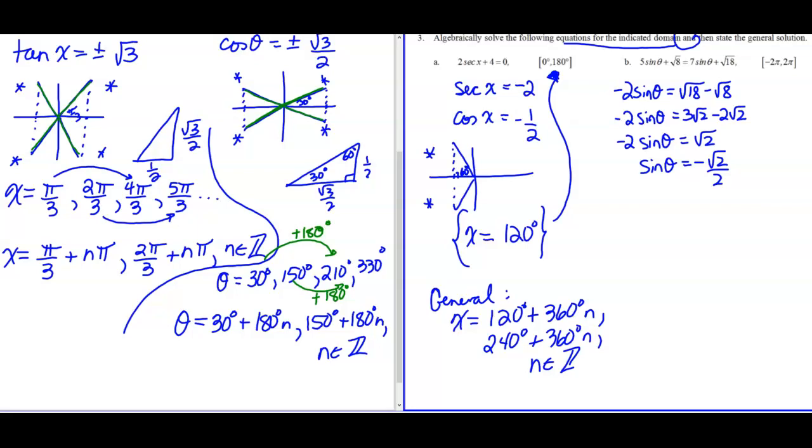And then doing it in radians, and two rotations' worth of angles now. Negative rotation and the positive rotation. So where is sine negative? 3 and 4. And root 2 over 2, remember, is a reference angle of pi over 4.